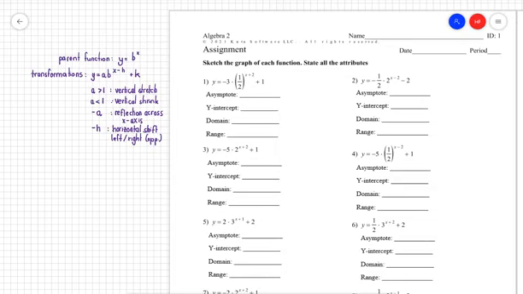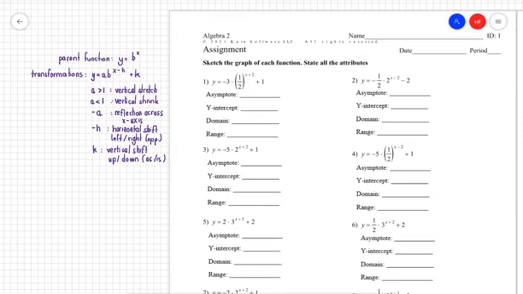So think opposite. And then our k is going to be our vertical shifts up and down. And we take those as is. We don't change them, we don't take the opposite, anything like that. So those are the transformations that we can have on our exponential functions.